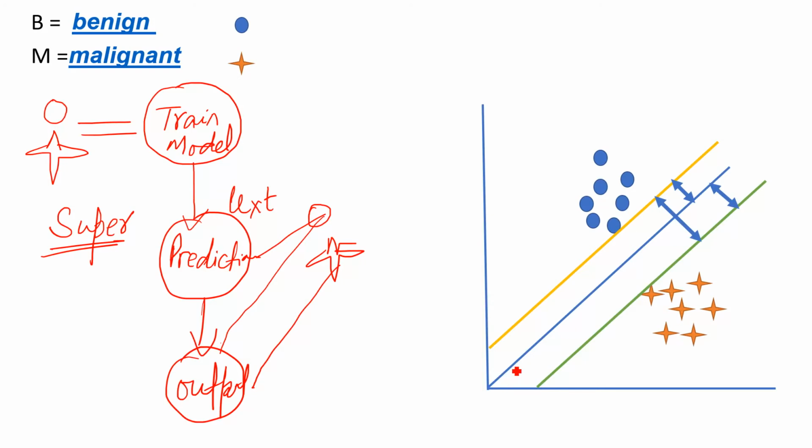I just made this blue line. When I make this blue line, it clearly shows that now we have two separate classes. If a new point comes, definitely you will say it belongs to this class, the A class. Suppose if an asterisk comes, you will say this is the B class. By using this, which is called the hyperplane.